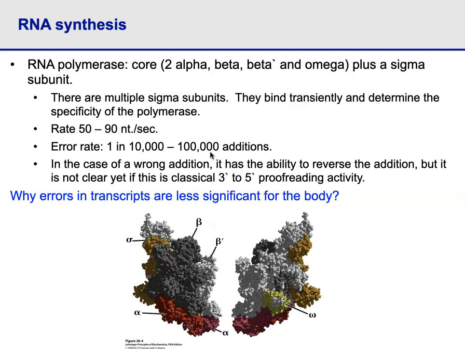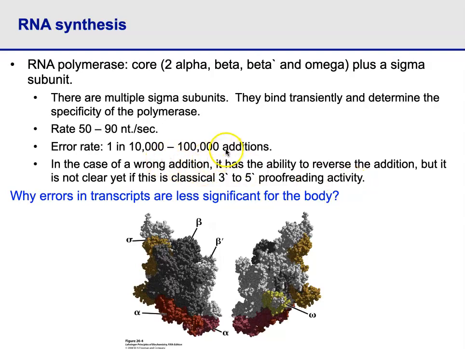And we already know that RNA polymerase has the ability to repair wrongfully added nucleotides, but it is not yet clear whether this is the classic 3' to 5' proofreading activity. Nonetheless, wrongfully added nucleotides can be repaired. But again, we don't know whether it's 3' to 5' proofreading or something else.